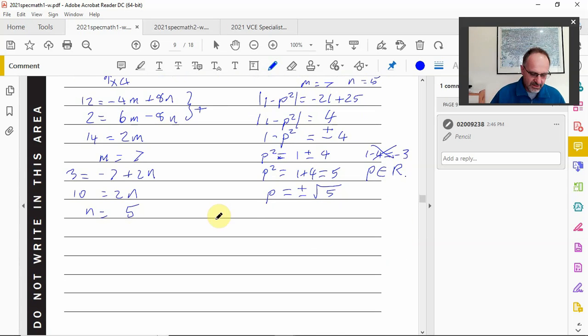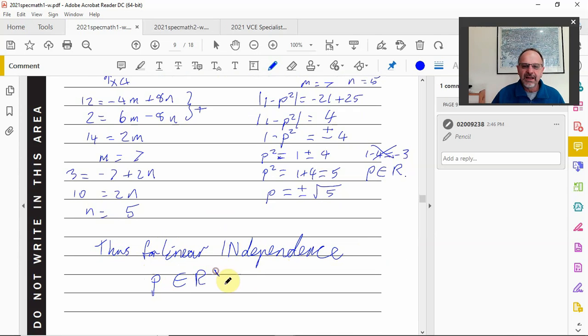So thus for linear independence, p could be any real number except for plus or minus root 5. All right, and so there's the solution for that particular question.